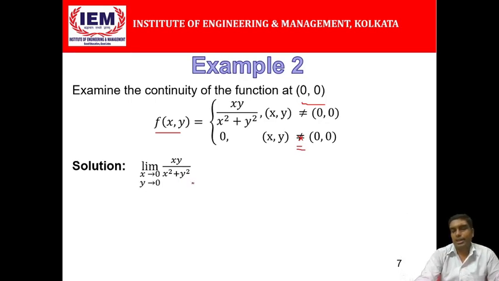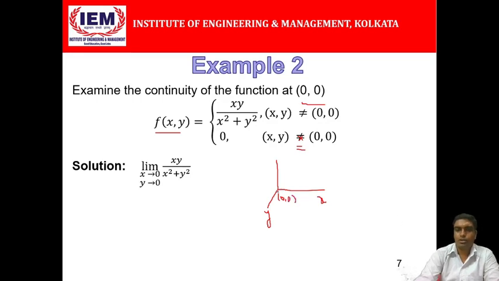What I'll do here is approach the point 0, 0 along a straight line. If I plot this here, you have the x-axis here, the y-axis here, and 0, 0, where we are finding the continuity of this function, is the origin here, right?